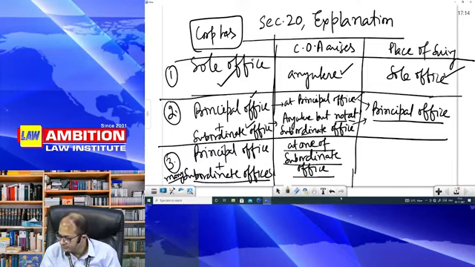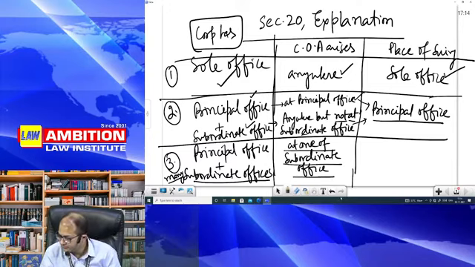No objection as to competence of executing court with reference to the local limits of its jurisdiction shall be allowed by any appellate or revisional court unless objection was taken in the executing court. Here objection in executing court because it is a matter of execution. So you raise objection at the first instance, that is executing court, at the earliest possible opportunity.